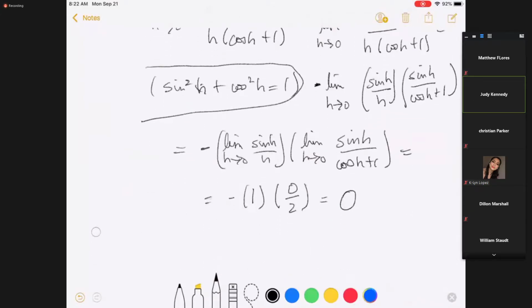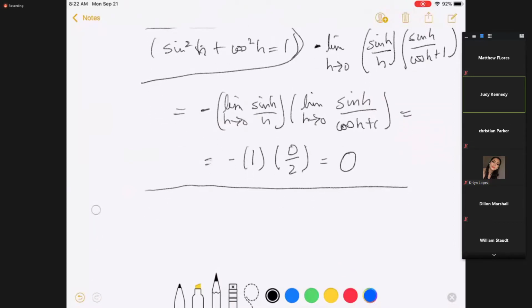Let's do the cosine. Okay, it's very similar. So now we know the derivative of the sine function is the cosine function. One thing I should mention too, in calculus, you want to take your angles, your x's here, to be in radians and not degrees.